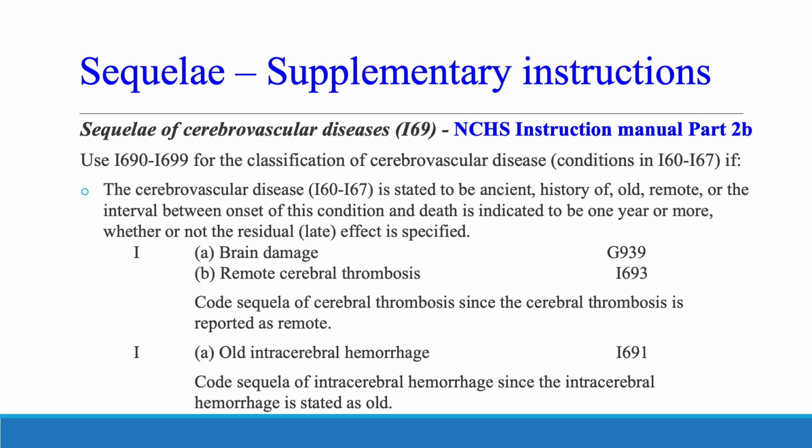Two examples squashed onto this page. In the first example, the cerebral thrombosis on line B is described as remote. That is an indication for the use of the sequela of cerebrovascular diseases code. So line B will be coded to I69.3, sequela of cerebral thrombosis, because it was described as remote.